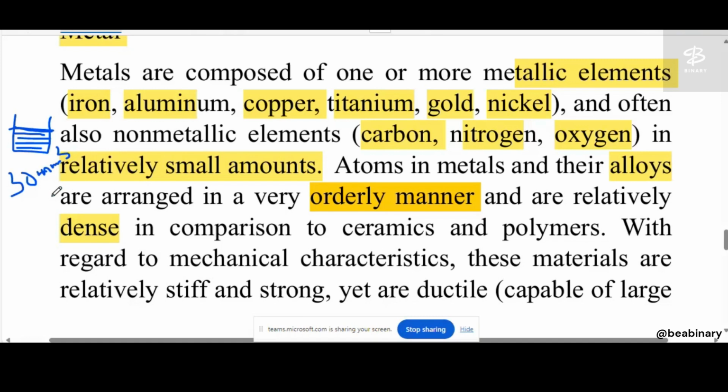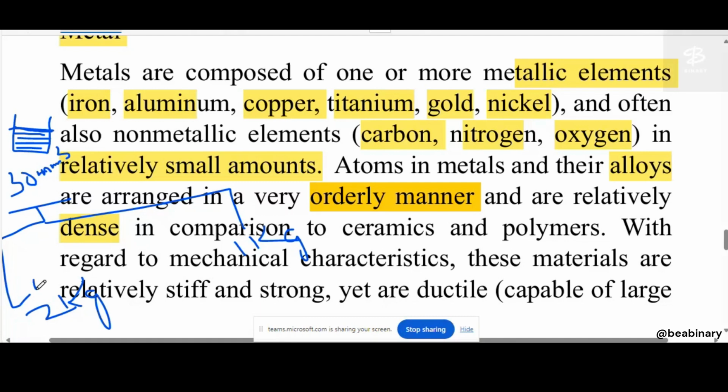So which one would be more dense and which would be less dense? Suppose the container is the same, two conditions: here 1 kg, here 2 kg. The container is the same, the gas is the same, but you are keeping different amounts.